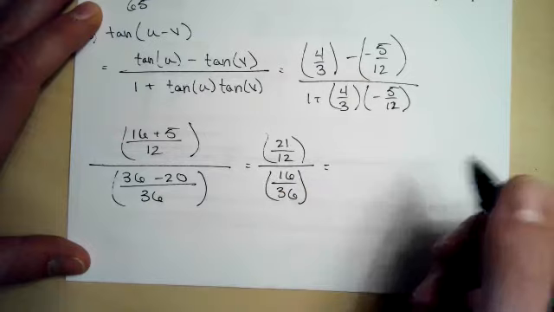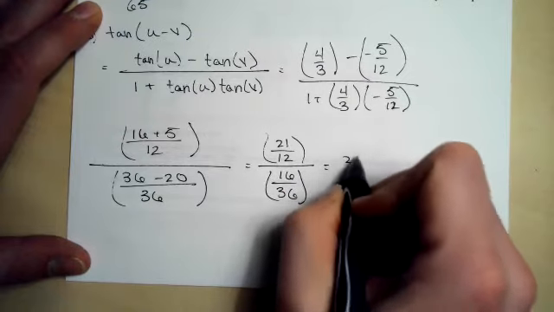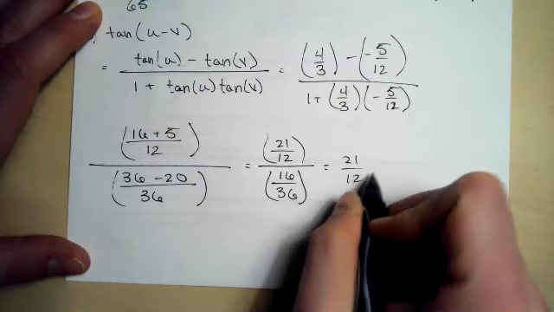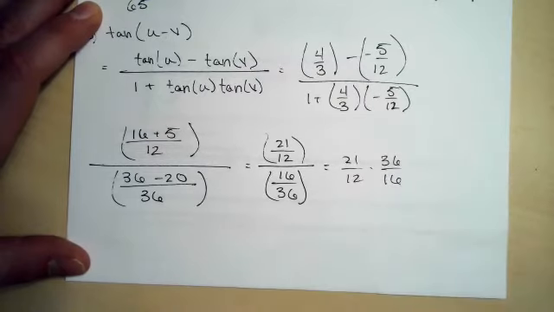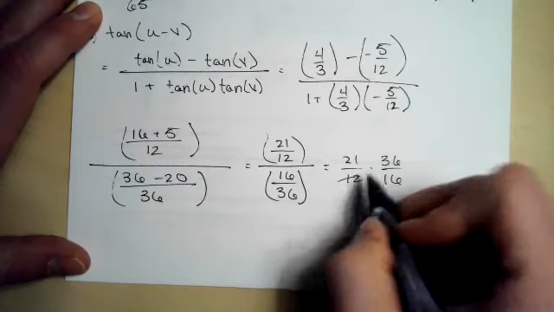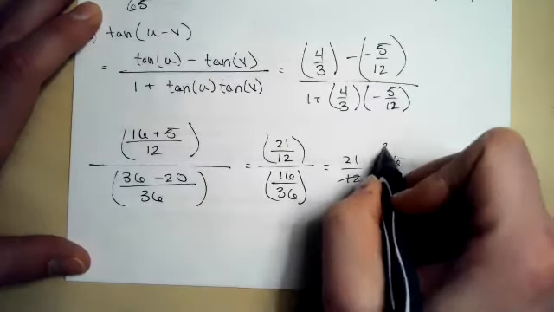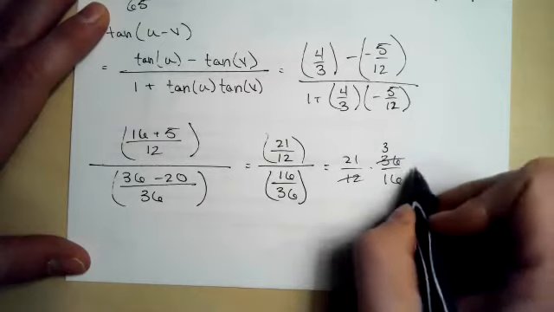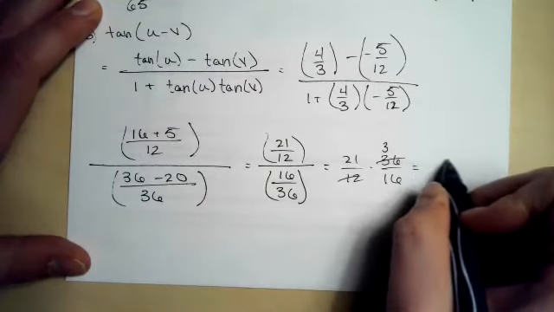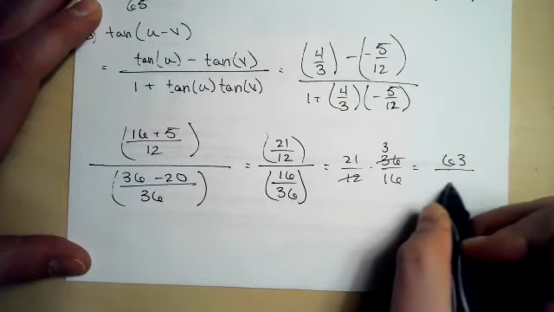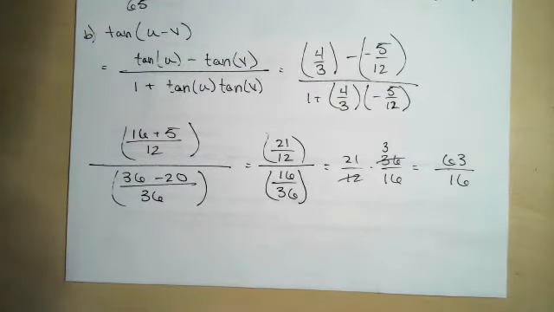If you want to simplify the numerator and denominator first, or you can write it as 21 over 12 times 36 over 16. And then 12 and 36 will divide and give us a 3 there. And then everything else is co-prime. So we're left with 63 over 16.